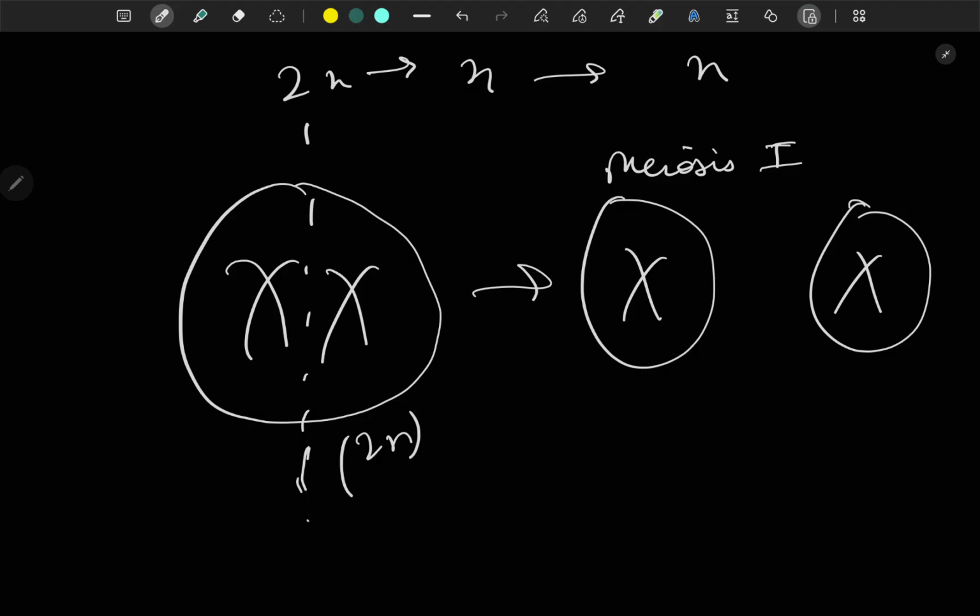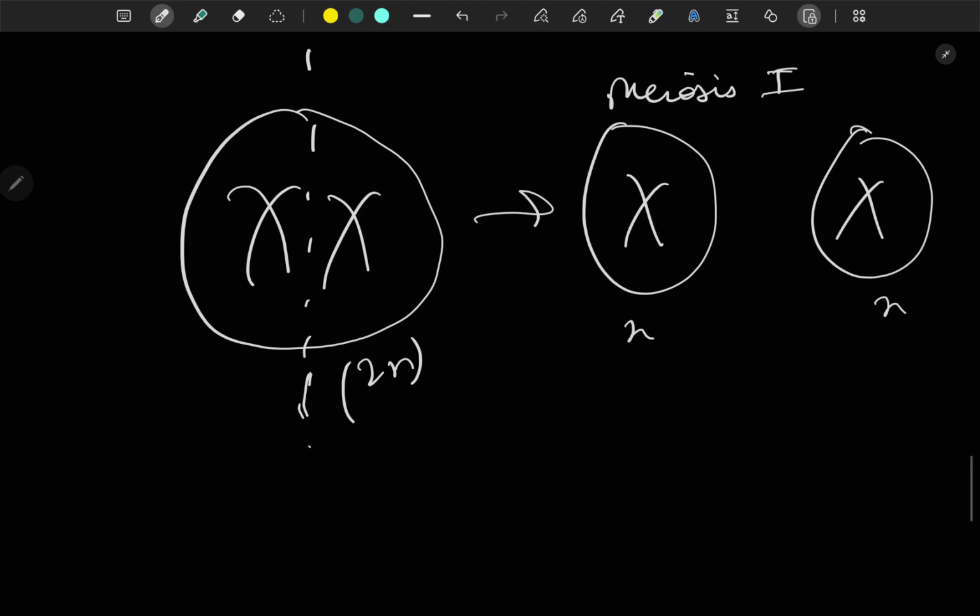Here you know it is a parent cell. The parent cell is divided into n and n, two haploid daughter cells. But now here we can see the division again happened, but this time the chromosomes get divided.